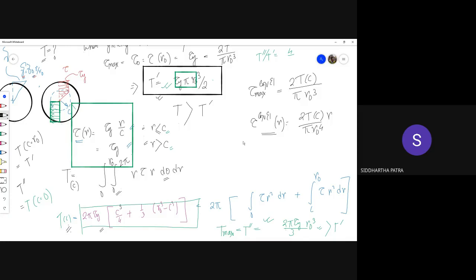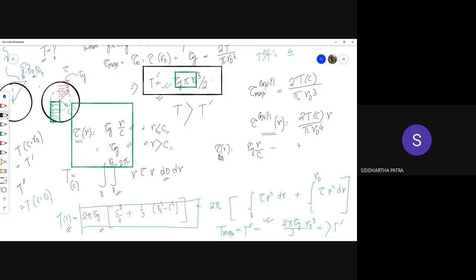And if you are forgetting what the logics are, you should revisit Monday's lecture. So tau r would be tau y times r by c minus this, so this is the residual stress once the complete unloading of the torque has been done. So there is no force, no moment in the system, but there is still residual stress.